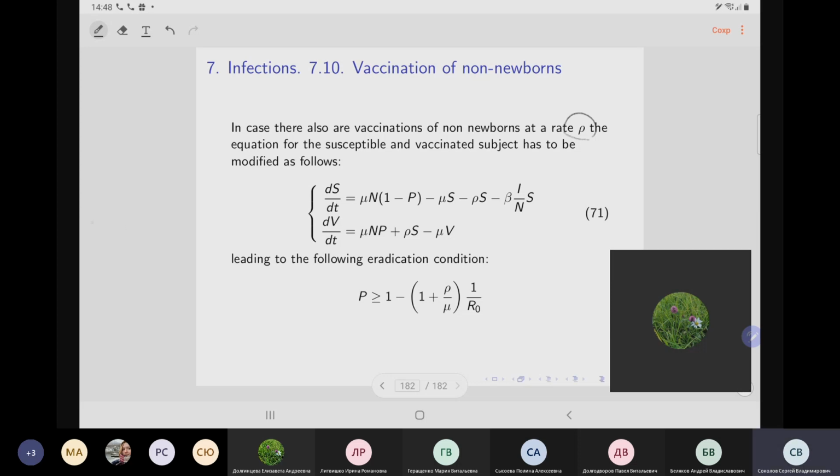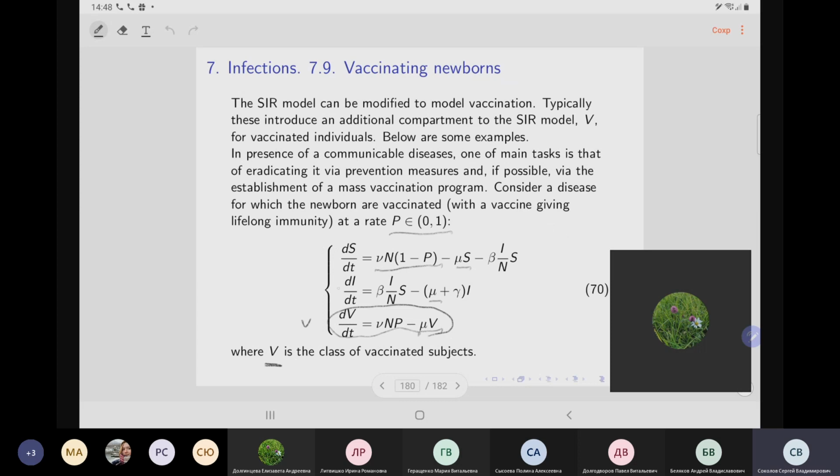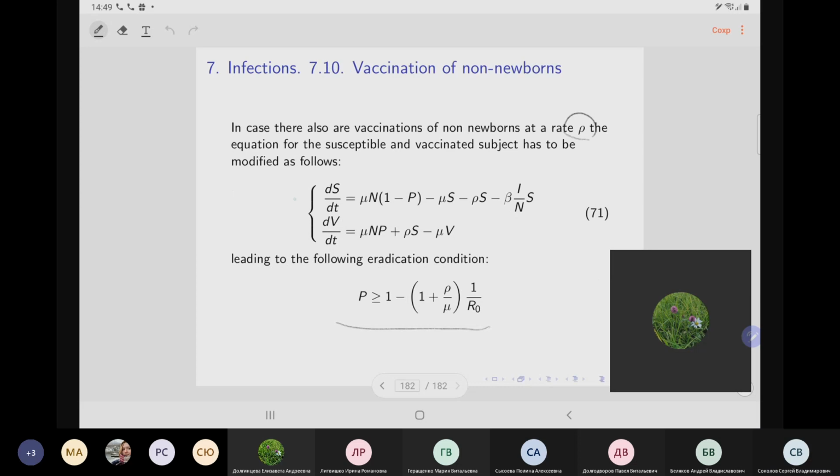And using all the previous technique, the condition for eradication of our disease will take its final form. For sure, we have to add the equation for infected ones, so plus the I dt as in the previous case.